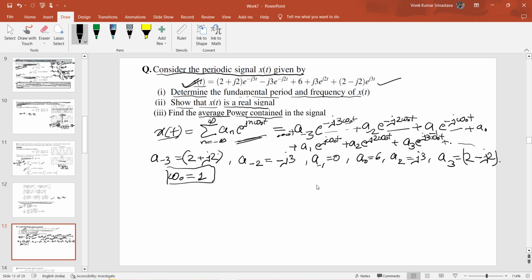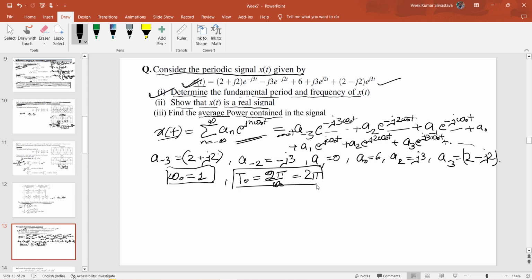Once you know omega naught, the value of t naught is 2 pi by omega naught, so t naught will be 2 pi. So the first problem is completed.